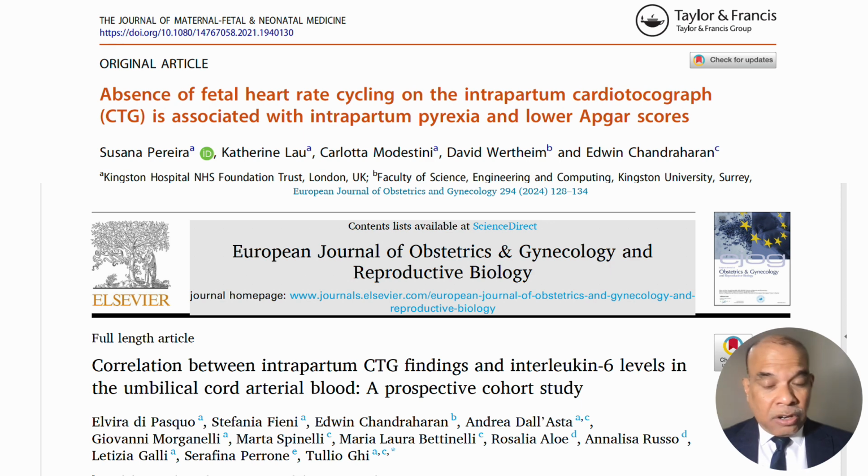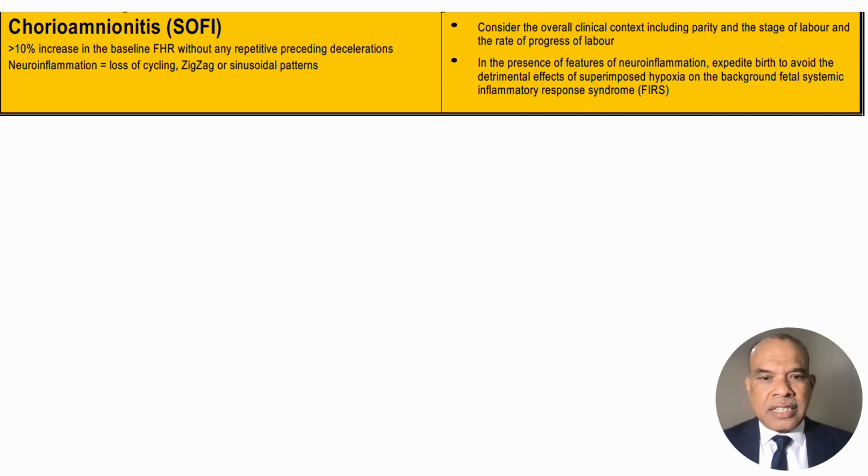So now, not only have we proven it histologically, but also biochemically, as interleukin 6 is the marker of fetal inflammation. If you find these features that we are talking about in the guideline, it has been shown to be associated with a 4-fold increase in interleukin 6.